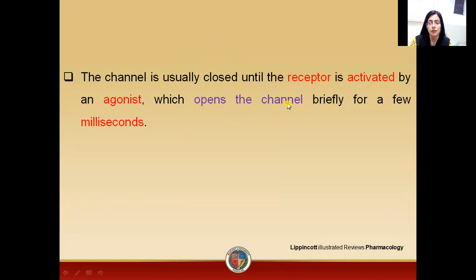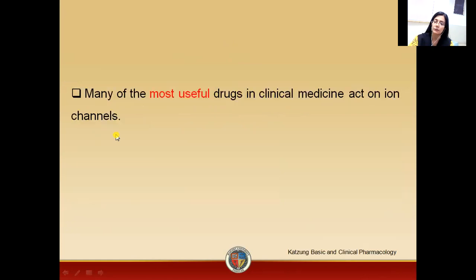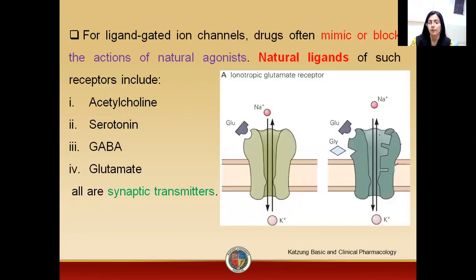As a result of this opening, there is conduction of ions. And these channels actually remain open for the period of milliseconds. Most of the drugs which we study in pharmacology are actually the ligands for the ligand-gated ion channels.